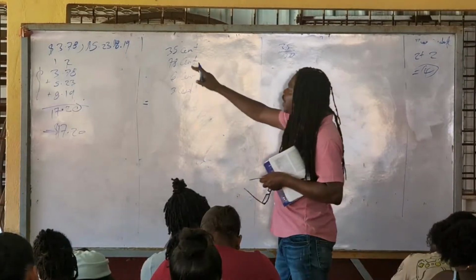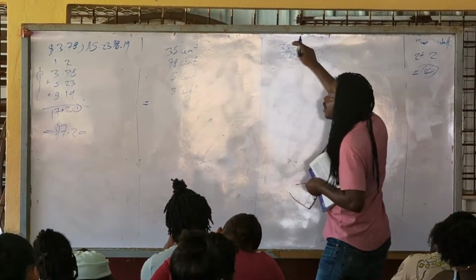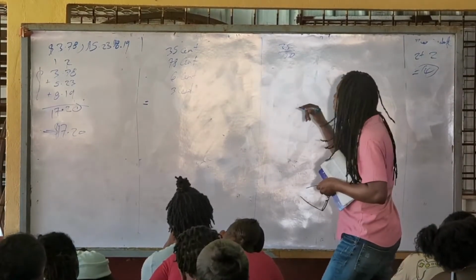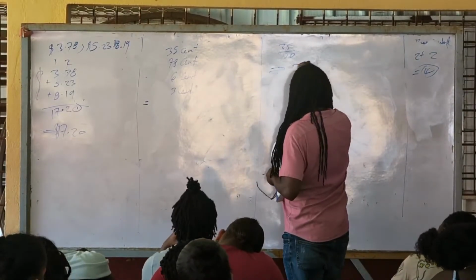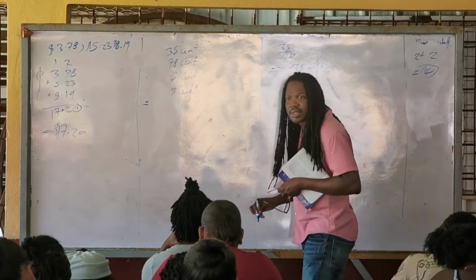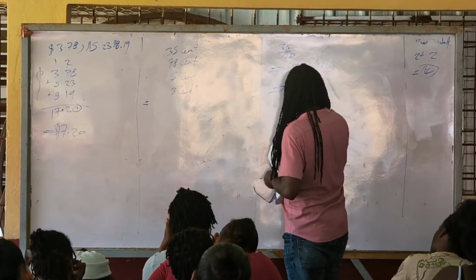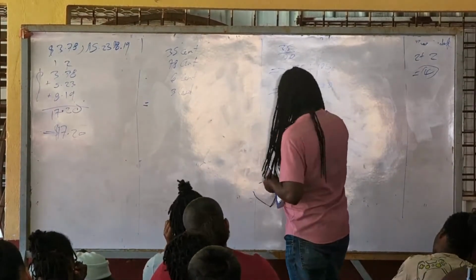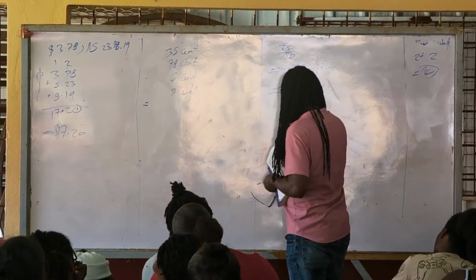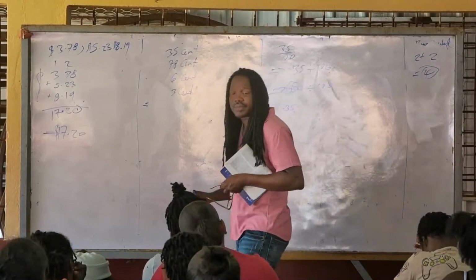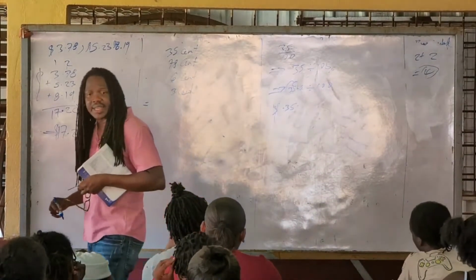So therefore 35 cents is 35 out of 100. That means 35 divided by 100. Am I correct? So this implies 35.0 divided by 100. So this implies 0.35. So that's $0.35. Everybody understand that?